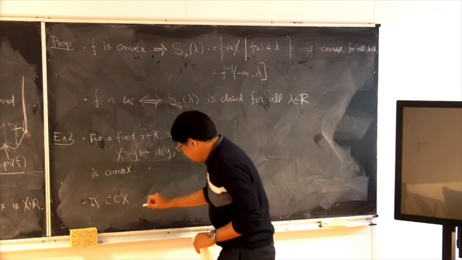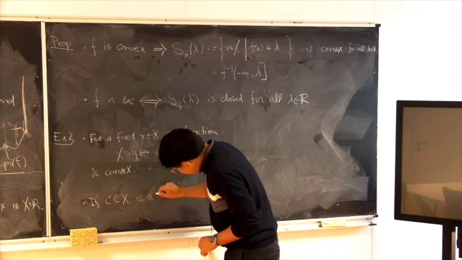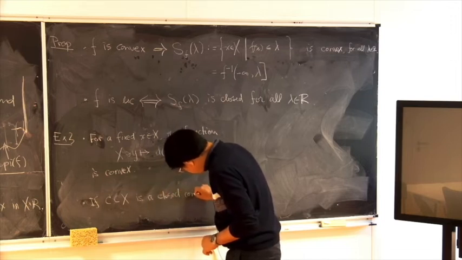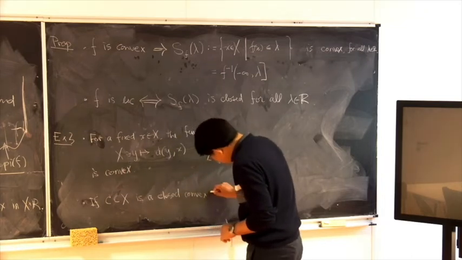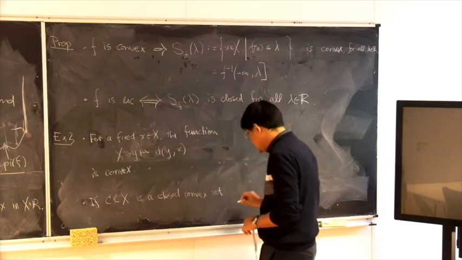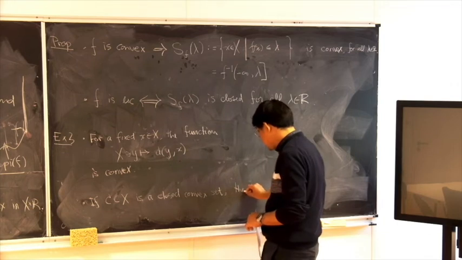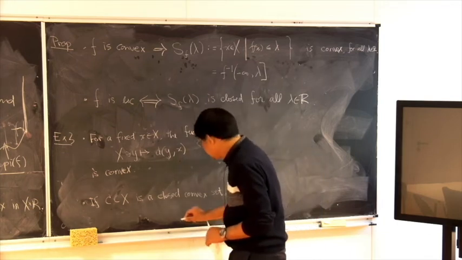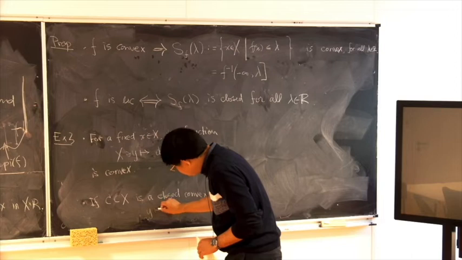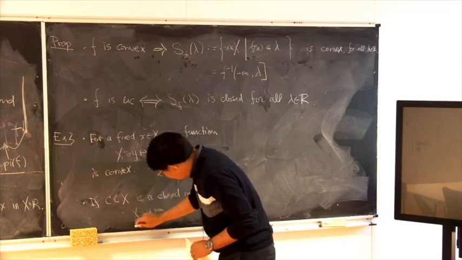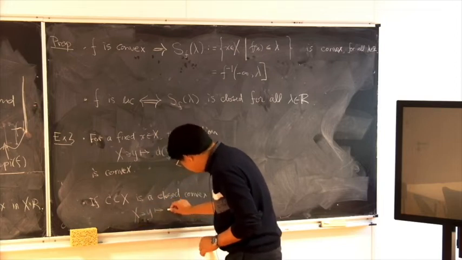What else? So if C is a closed convex set, then the function y, okay, y again coming from X, maps to the infimum.